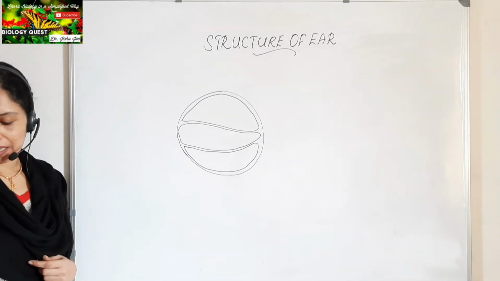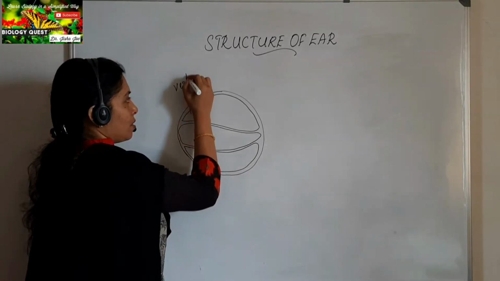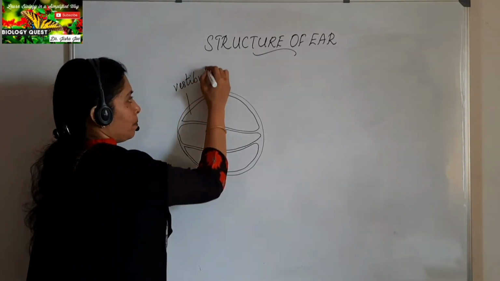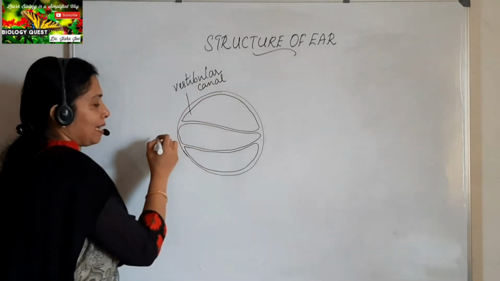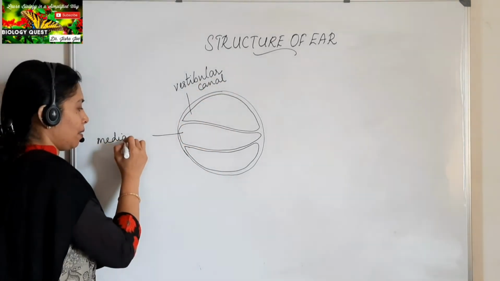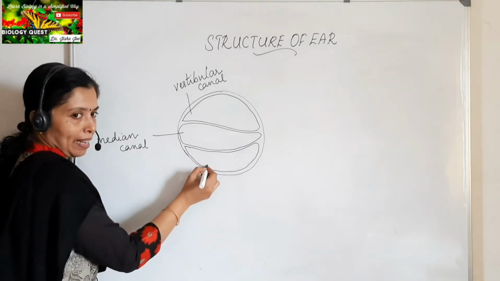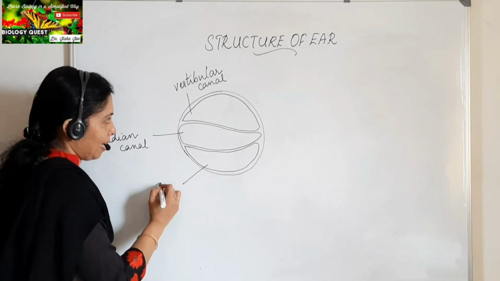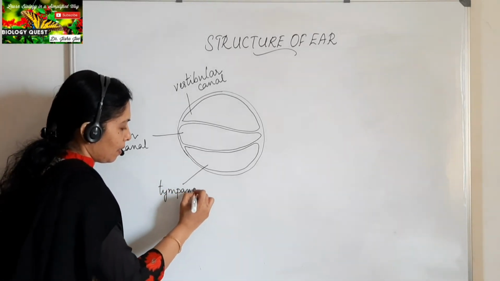The upper canal is called the vestibular canal. The middle canal is called the median canal. And the lower, third canal is called the tympanal canal.